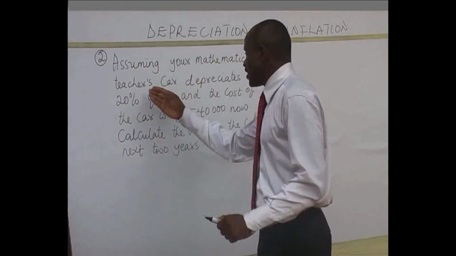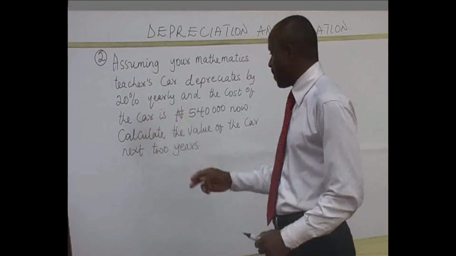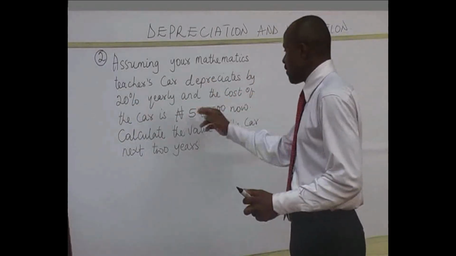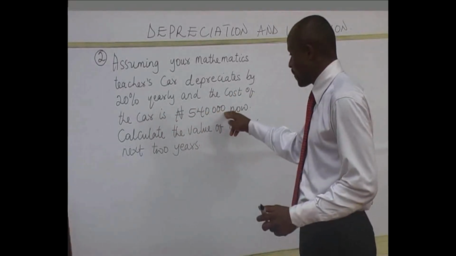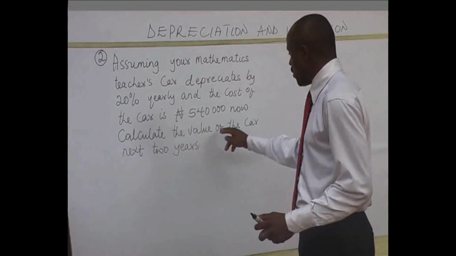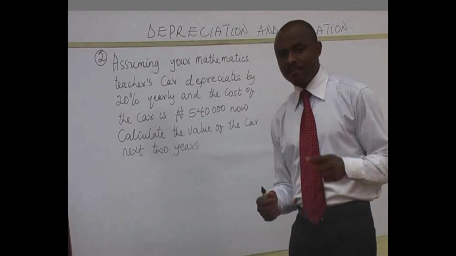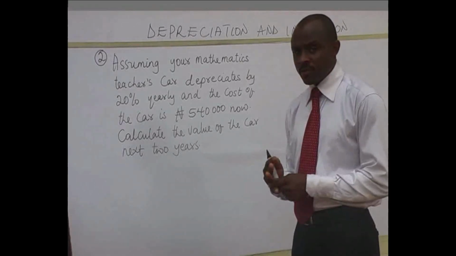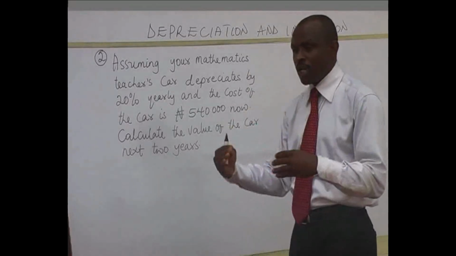Assuming your mathematics teacher's car depreciates by 20% yearly, and the cost of the car is 540,000 now, calculate the value of the car in the next 2 years. The former question we solved explained inflation, where population increases.